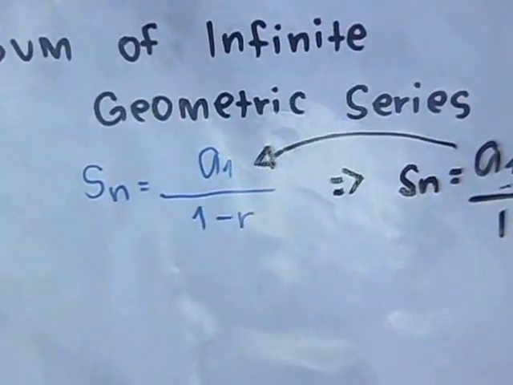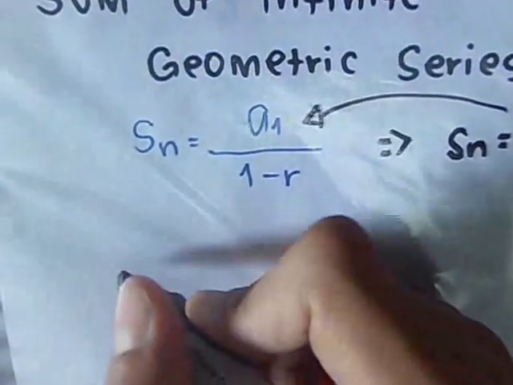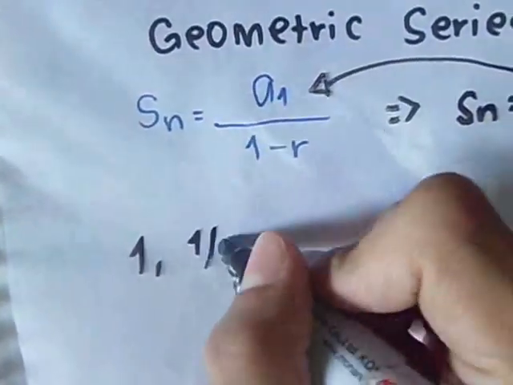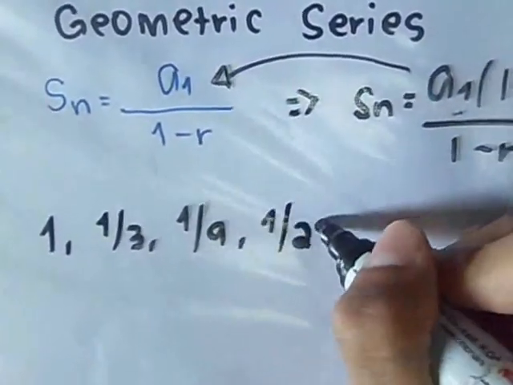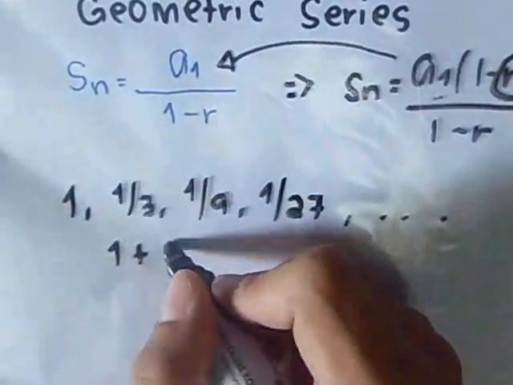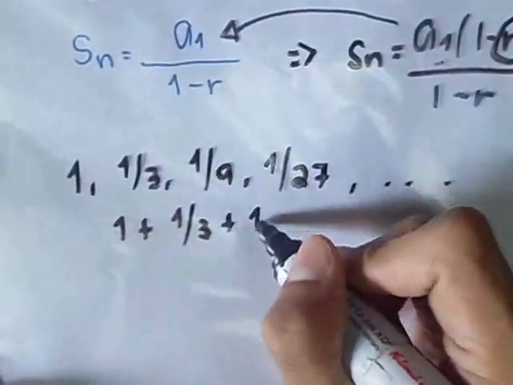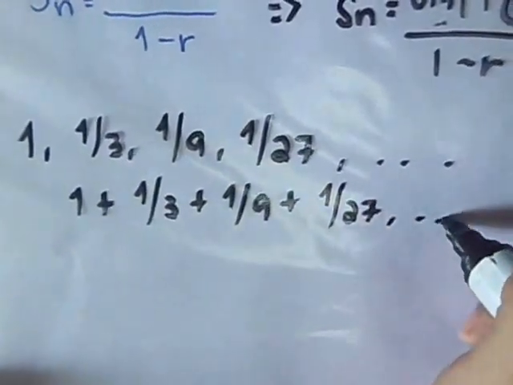For example, we have to find the sum of the sequence 1, 1/3, 1/9, 1/27, and so on. So we have the series 1 plus 1/3 plus 1/9 plus 1/27, and so on.